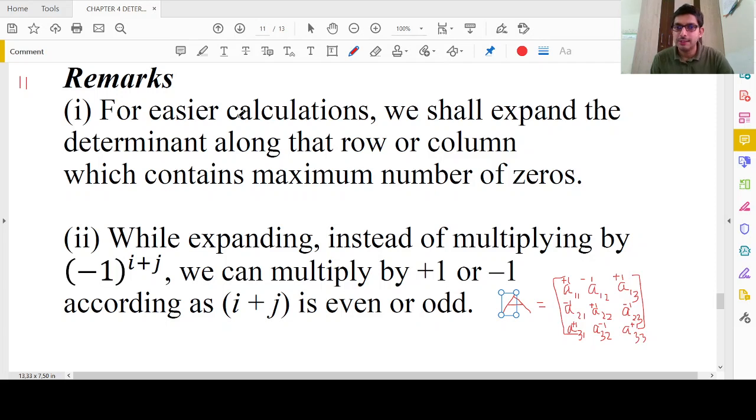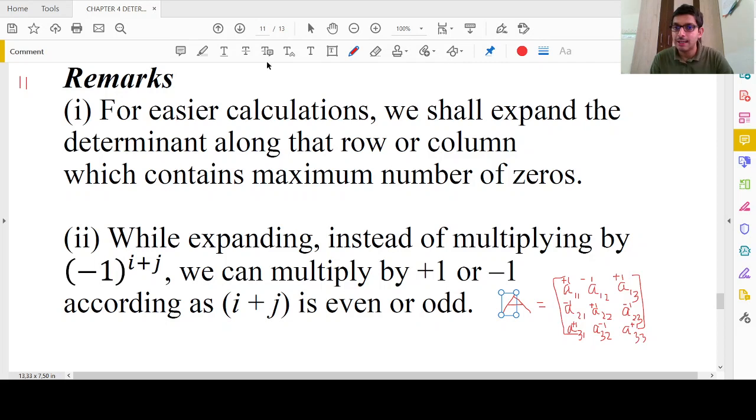So for easier calculation, we shall expand the determinant along that row or column which contains the maximum number of zeros. As per the definition, you can expand a 3 by 3 determinant using any row or any column, so you will get a unique value.